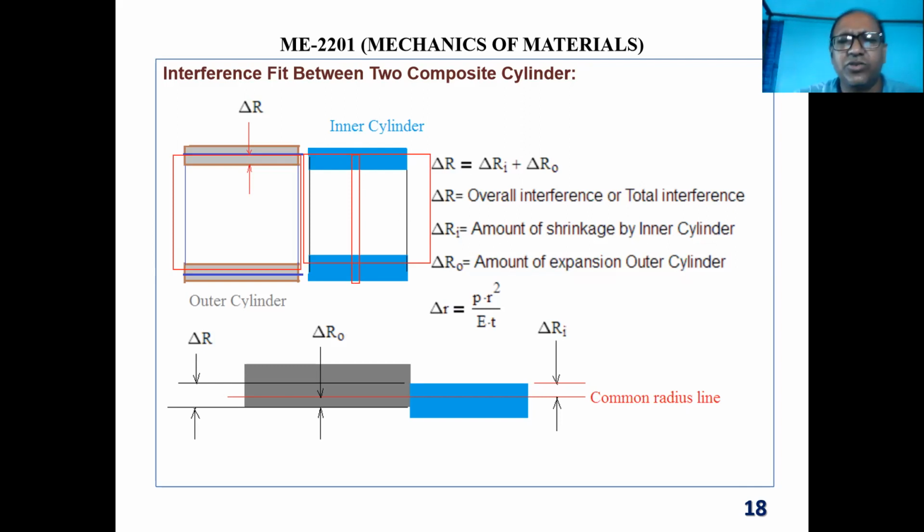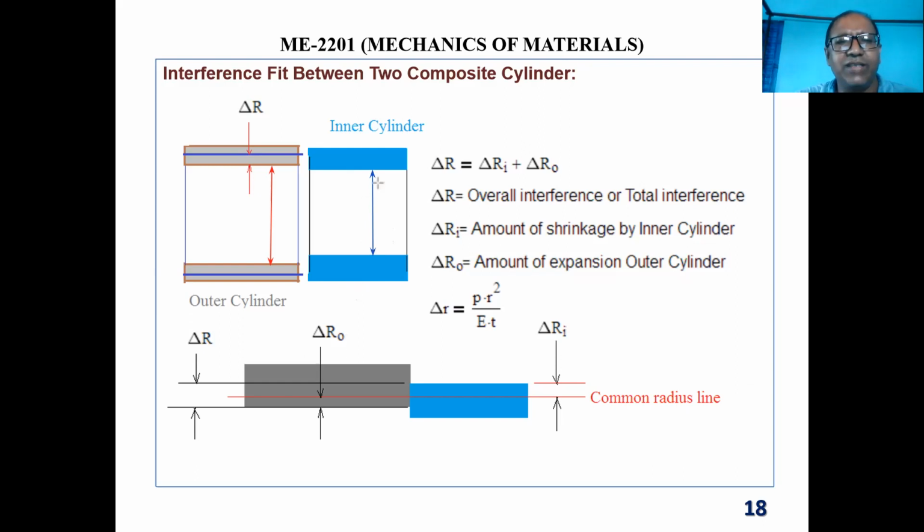Okay, so you see right over here this is the inner cylinder and the outer cylinder. What is the inside diameter of the outer cylinder? This one. And for the inner cylinder, the inside diameter is from here to here.